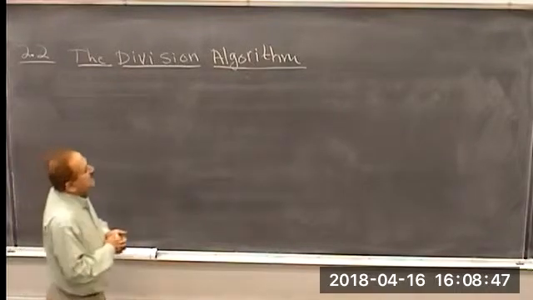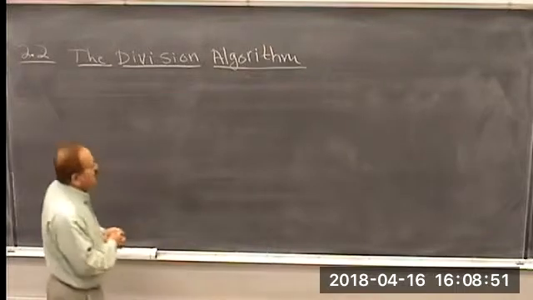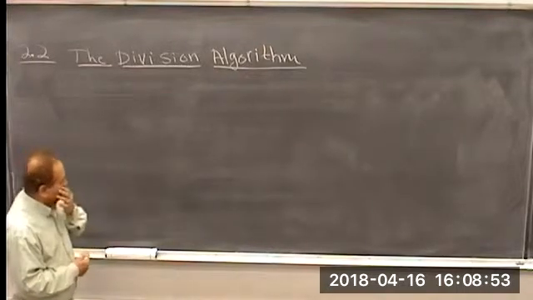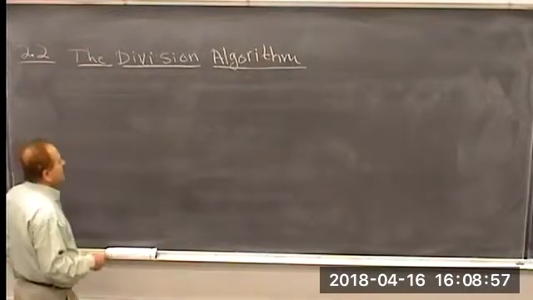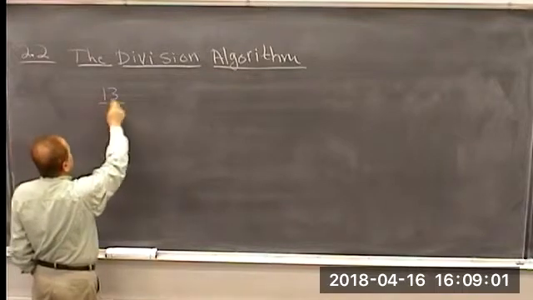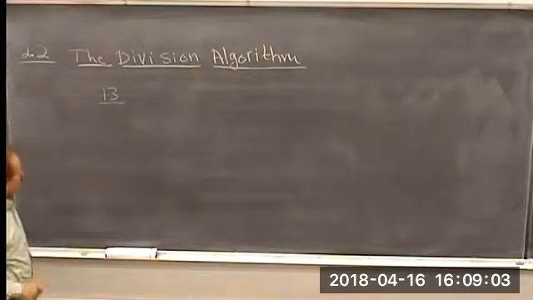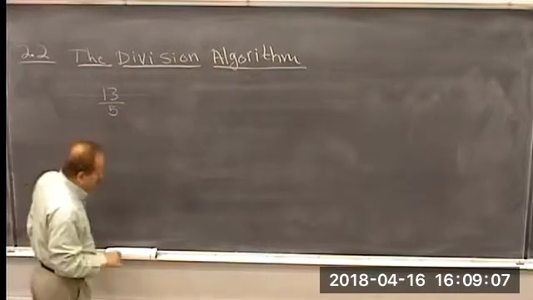However, if it doesn't divide evenly, okay, then we end up with a remainder, right? So suppose I have the number 13. I want to take both integers to be positive for the time being. And then I want to divide this by 5.